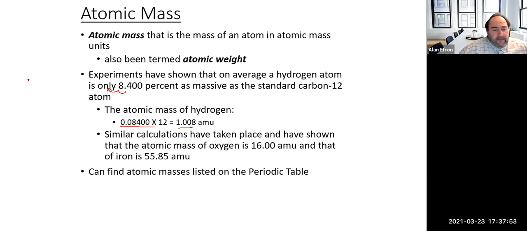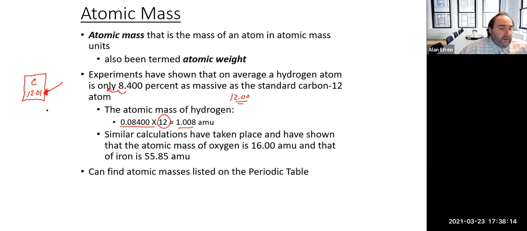One thing you might wonder, though, if we look at carbon, it does say 12.01. It doesn't say 12.00 like the carbon 12 isotope mass is. And there is a reason for this, and we're going to talk about that right now.